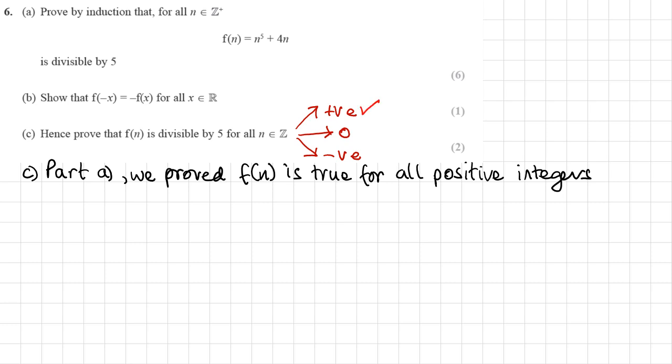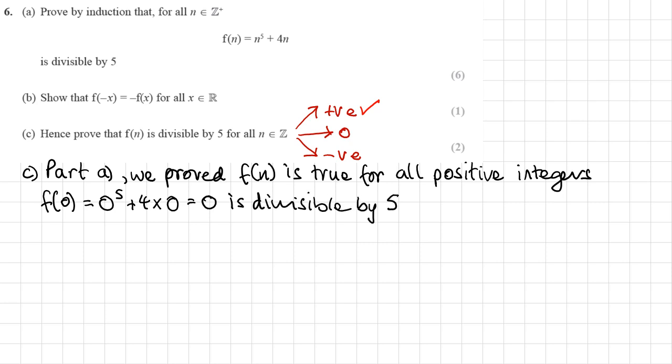Let's see if we can prove this statement is true for 0. So f of 0 is going to equal 0 to the power 5 plus 4 times 0, which is 0, and 0 is divisible by 5. 0 is divisible by everything. So we've proved it's true for 0.